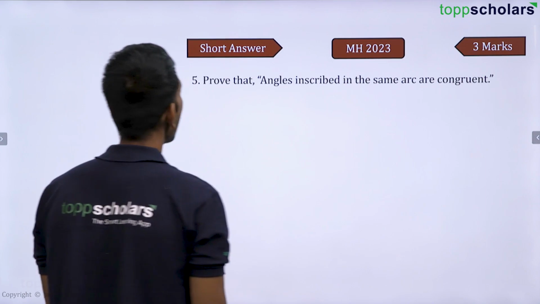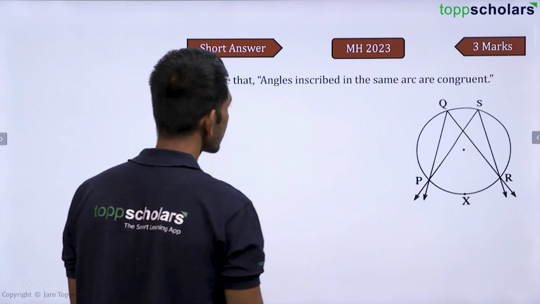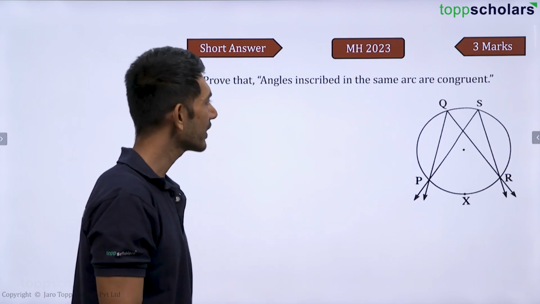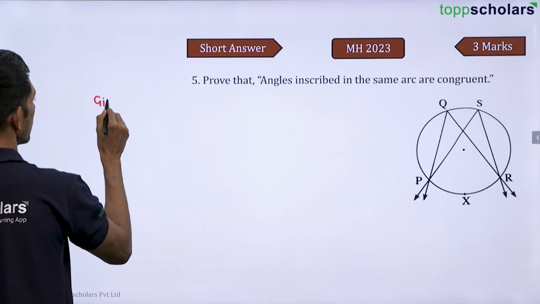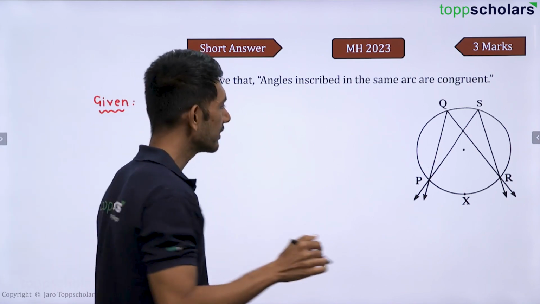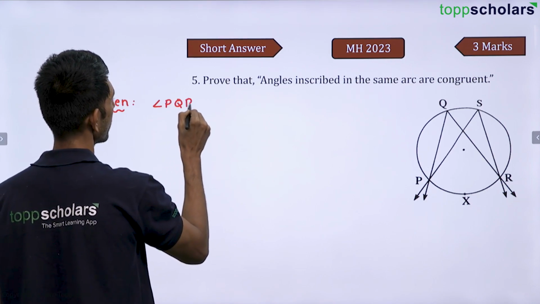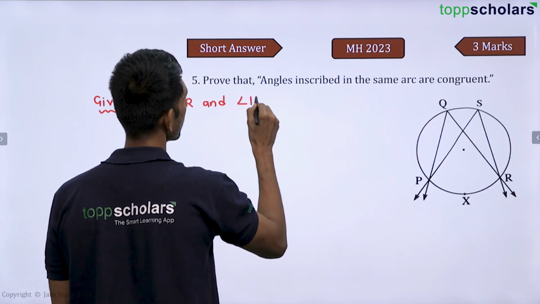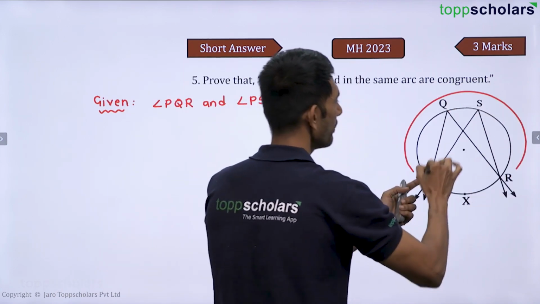So let's have a look at a new question now. It says prove that angles inscribed in the same arc are congruent. So we are supposed to prove that angles inscribed in the same arc are congruent. So which angles are inscribed here? How do we come to know? Yes. So understand this very carefully. What is given? It is given that there are two angles, angle PQR and angle PSR. They are inscribed in this arc, PQR, PSR.